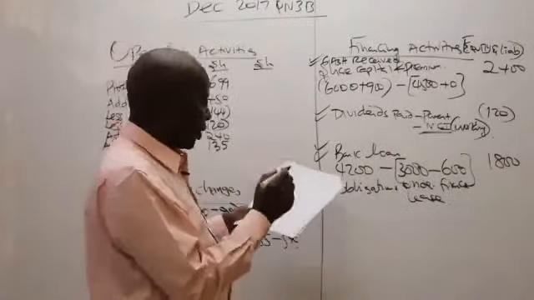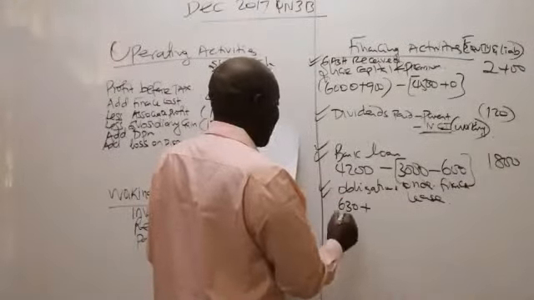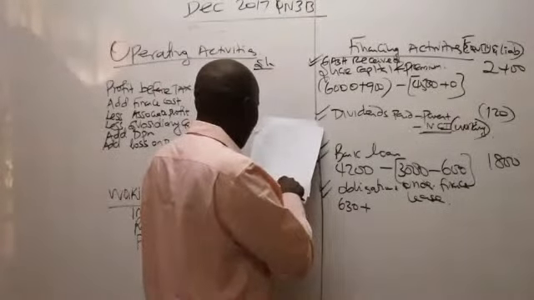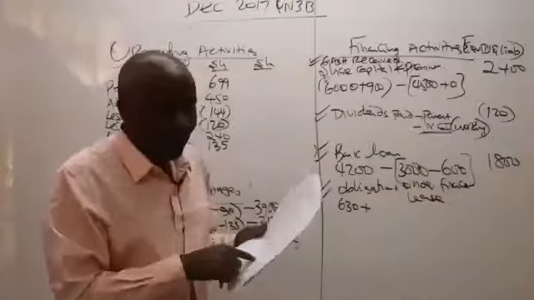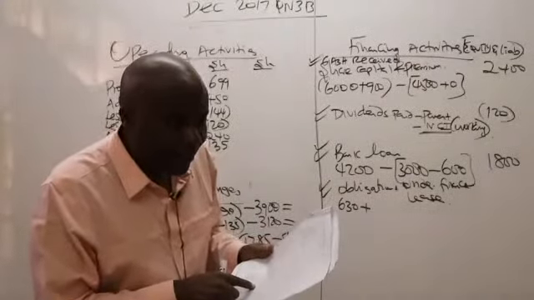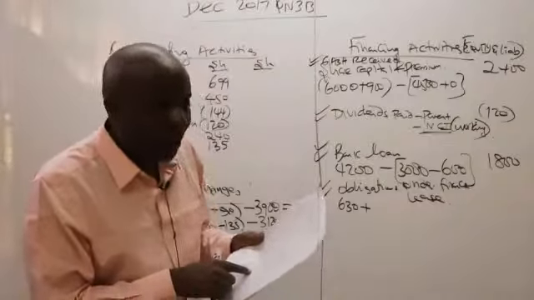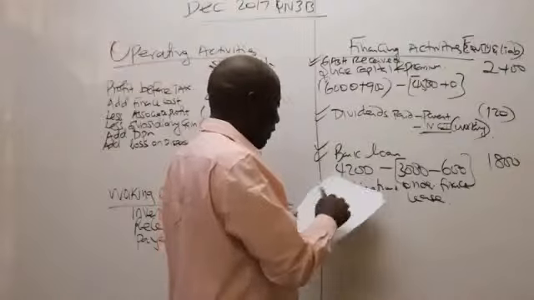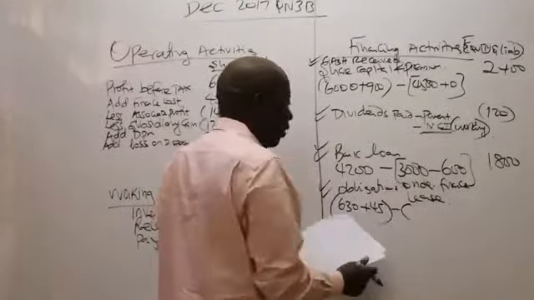Remember we start with closing. So I can see 630 plus the one which is under current. Under current I can see is it 45. Minus opening.